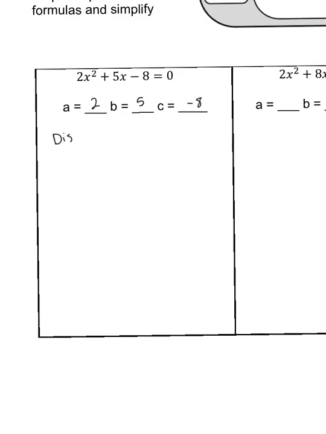The discriminant is B squared minus 4AC. So I'm going to find that first, and then I'm going to use that and put it into my formula. It just makes simplifying things a little bit easier.